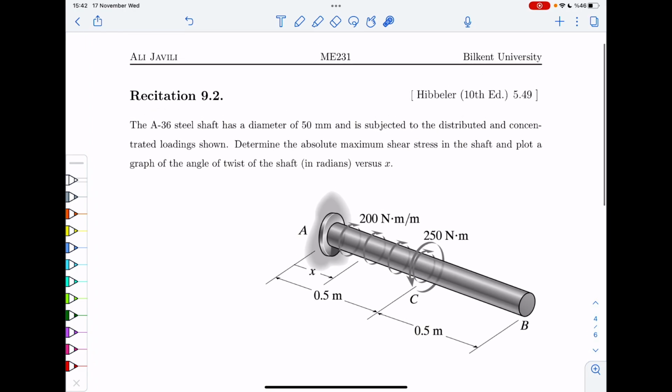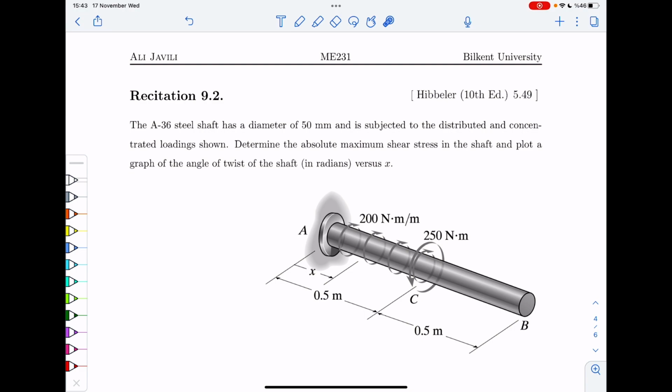Okay, so here is the second question. We have a steel shaft made from a particular A36 steel, and it's a solid shaft, so it's not a hollow shaft like the previous example. It has a diameter of 50 millimeters, and is subjected to distributed and concentrated loading as shown in the figure.